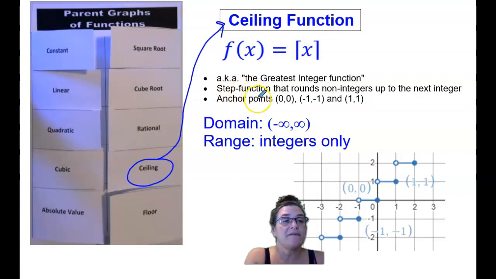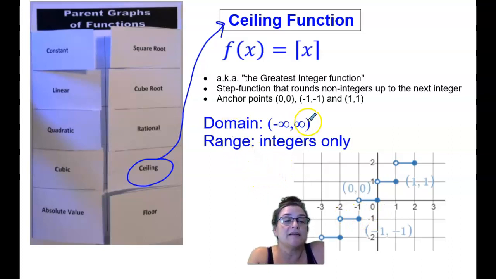It's a step function, right, because its graph looks like little stair steps going up, and it rounds non-integers up to the next integer. Its anchor points are 0, 0, 1, 1, negative 1, negative 1, which is so interesting, right? Again, it's the same anchor points as linear, as cubic, as cube root, just a very different picture that goes through those anchor points.